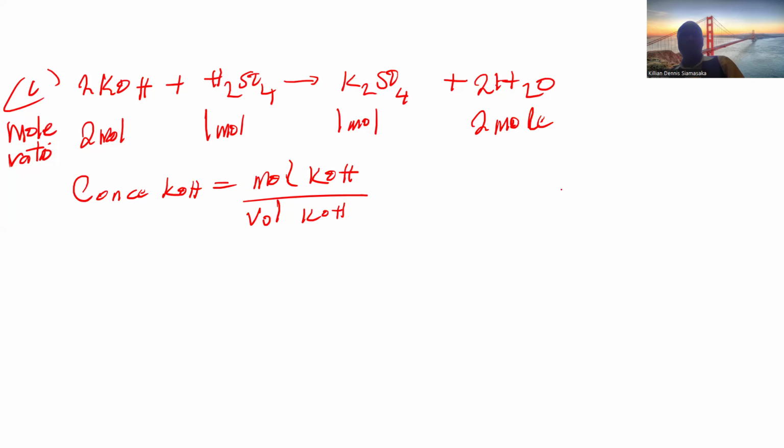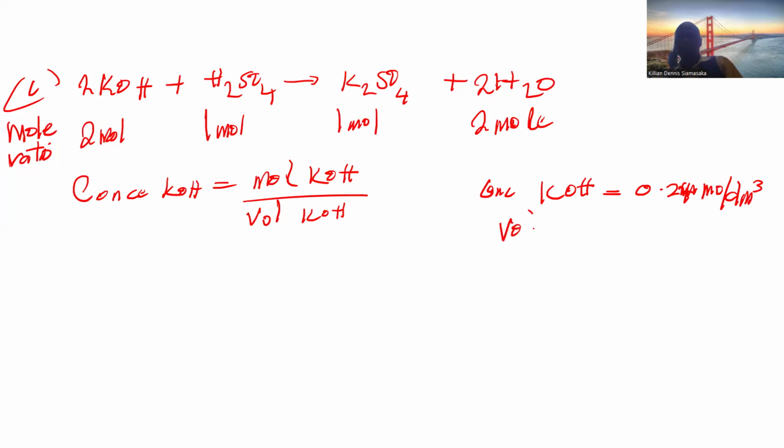As I indicated earlier, you are given that the concentration for potassium hydroxide is 0.24 moles per cubic decimeter.